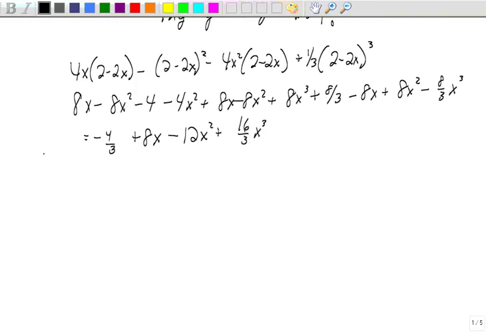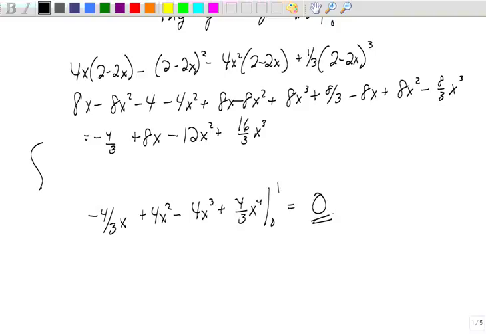Integrate that with respect to x. And I get 0. So that shows that those two formulas are comparable. Okay, there you have it.